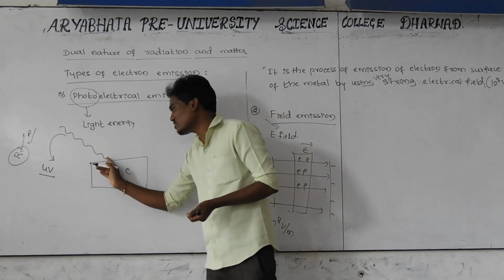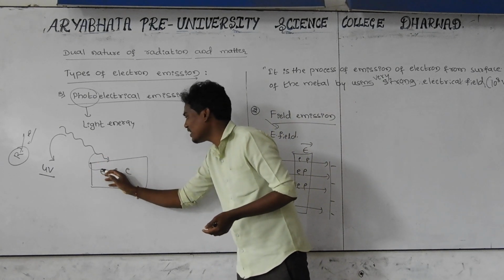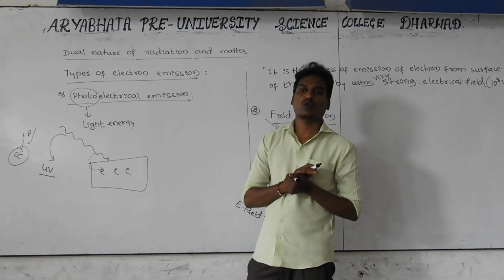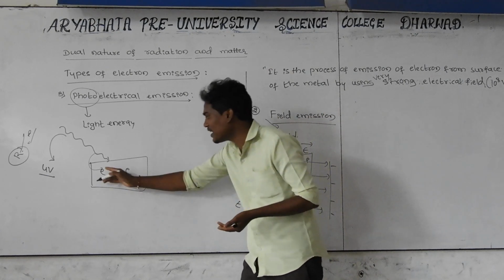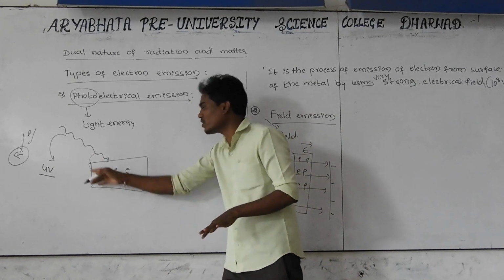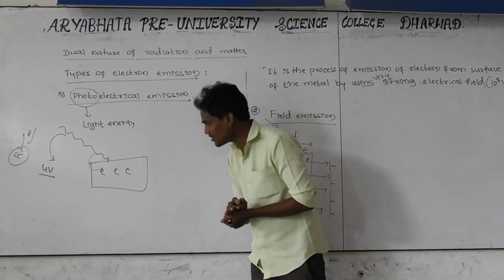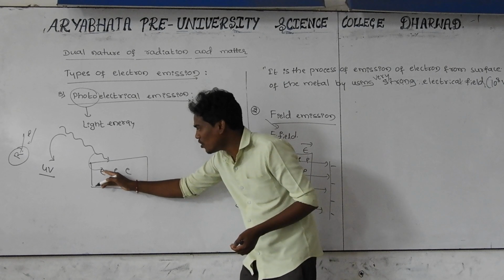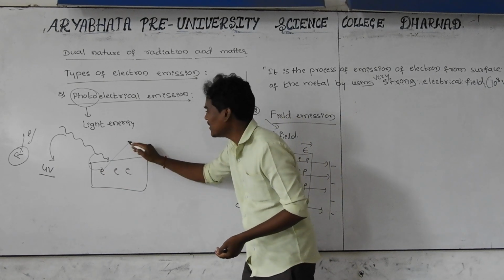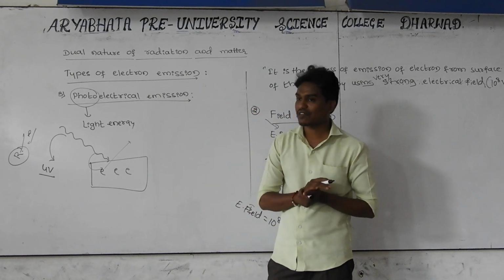Whenever this light is incident on the metal surface, the photon energy is transferred to the electrons. When the complete photon energy is transferred to the electron of the metal, then by taking the energy from the photon, the kinetic energy of the electron goes on increasing. This electron finally comes out of the metal, which means the electron is ejected from the surface of the metal.